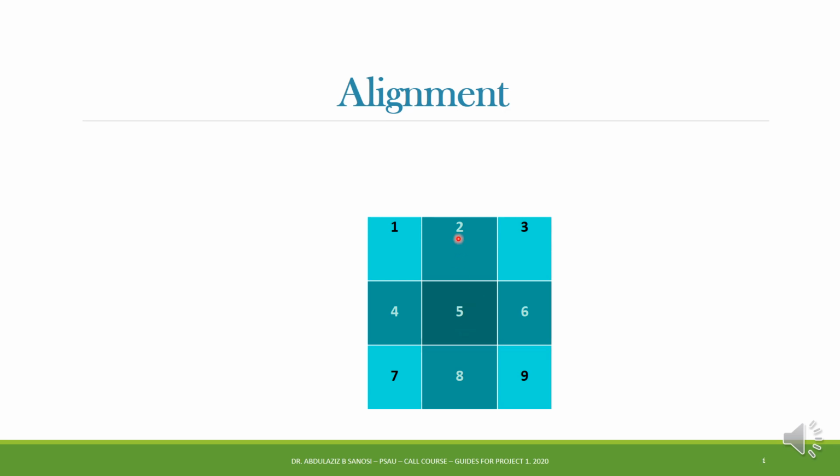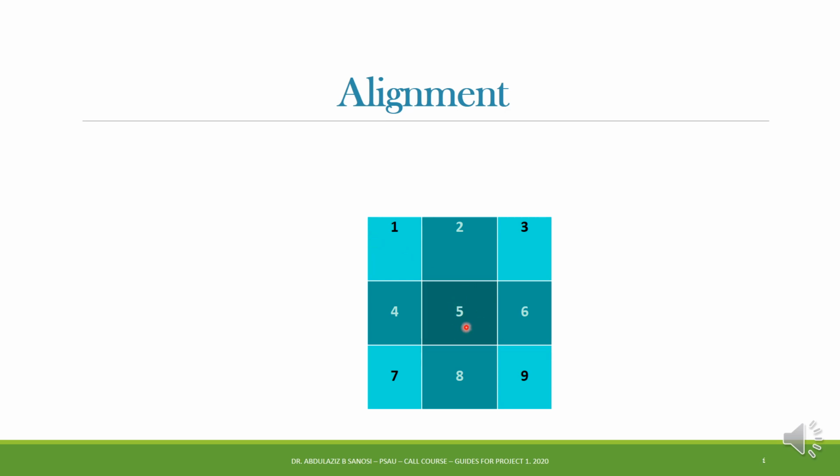So the darkest boxes, number 2, 4, 5, 6, and 8, are important, because normally people look at these parts. Numbers 1, 3, 9, and 7 are less important. So we will focus on these parts, starting from 5, moving to 2, 4, 6, 8, and then to 1, 3, 7, 9.